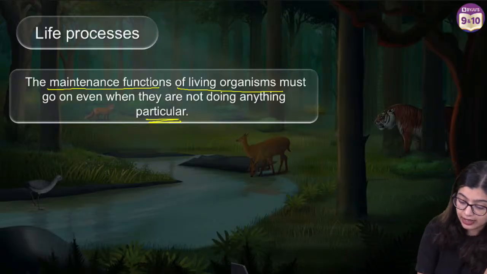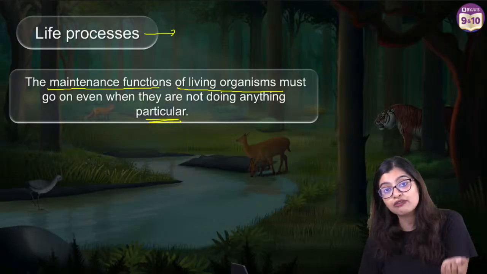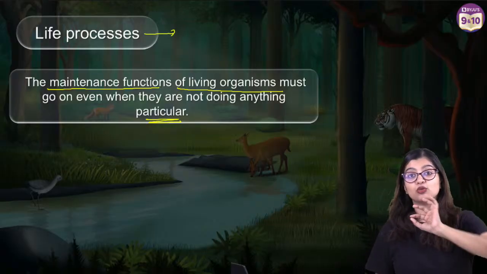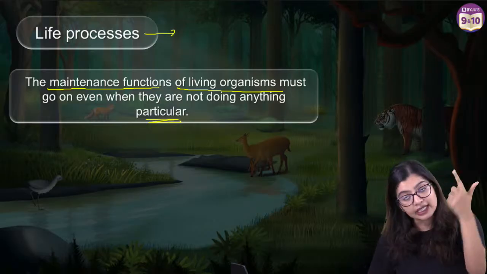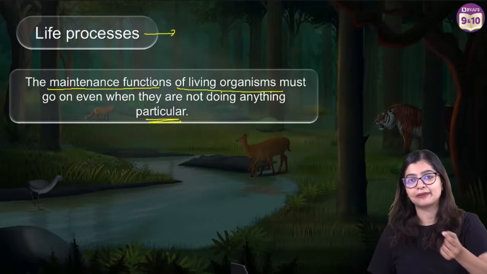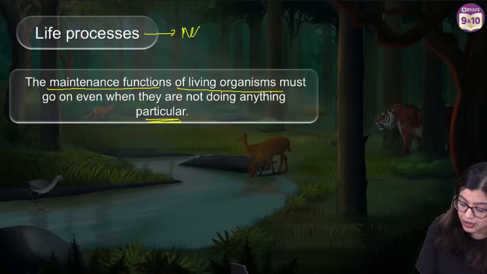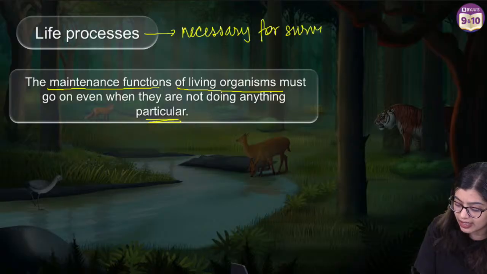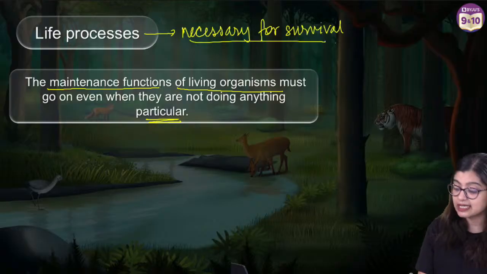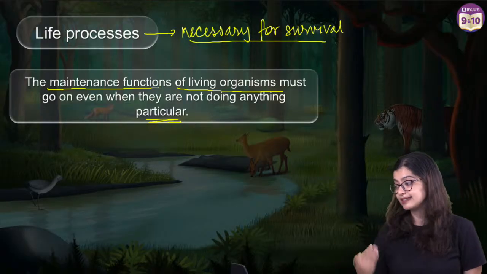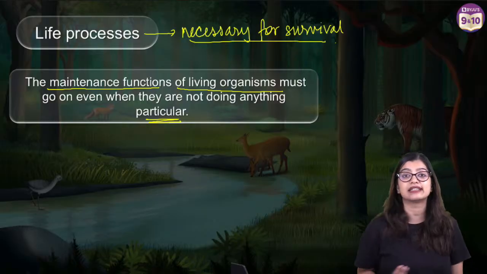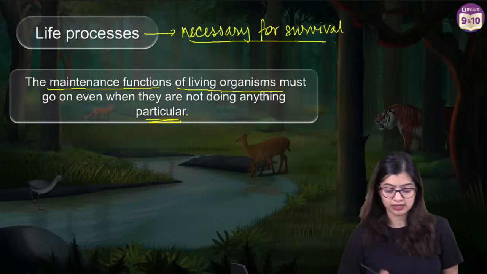in this particular case, we call them life processes. That means no matter what I'm doing, these processes need to keep happening. Which is why I always define life processes as those processes which are necessary for survival, essential for life to continue.